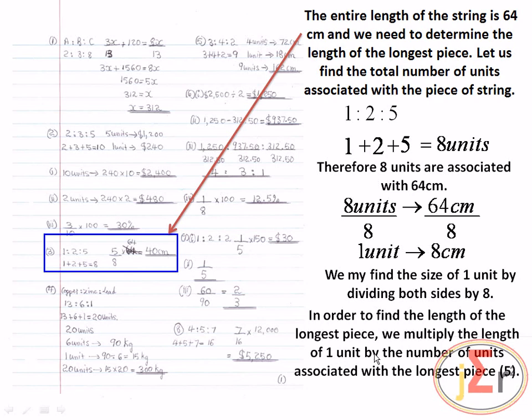The number of times is represented by the number of units associated with the longest piece, which is 5. So 8 centimeters times 5 is equal to 40 centimeters, and that's all there is to it.